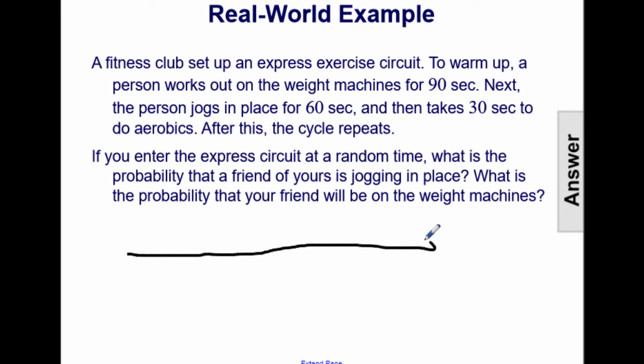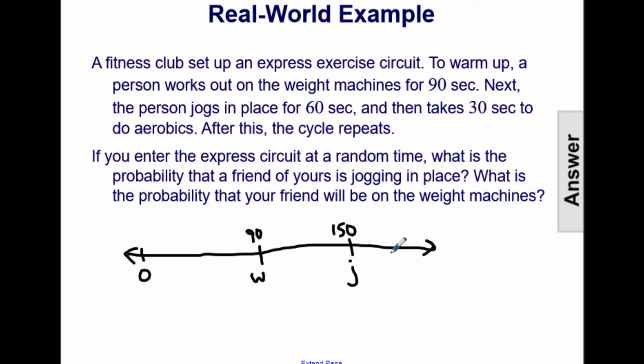So we have the whole express exercise circuit. First, you are at 0 seconds, and then you work out on the weight machines for 90 seconds. So we'll say W is at 90. Then you jog in place for 60 seconds, so let's say J is at 90, and 60 more seconds would be 150.